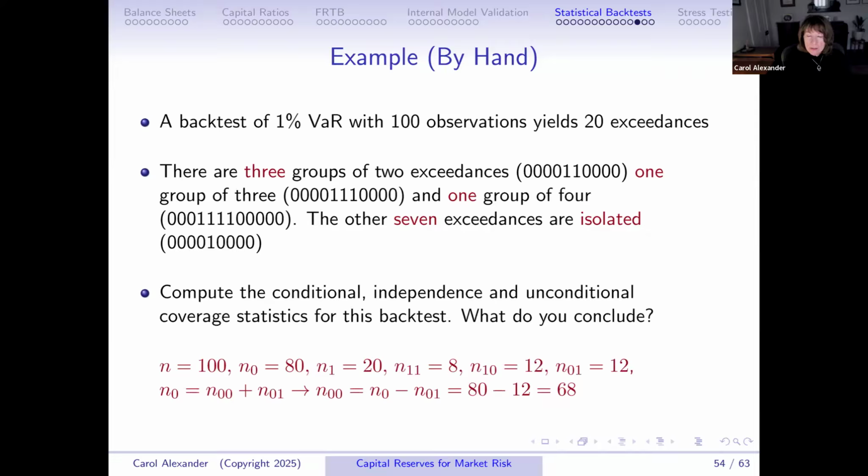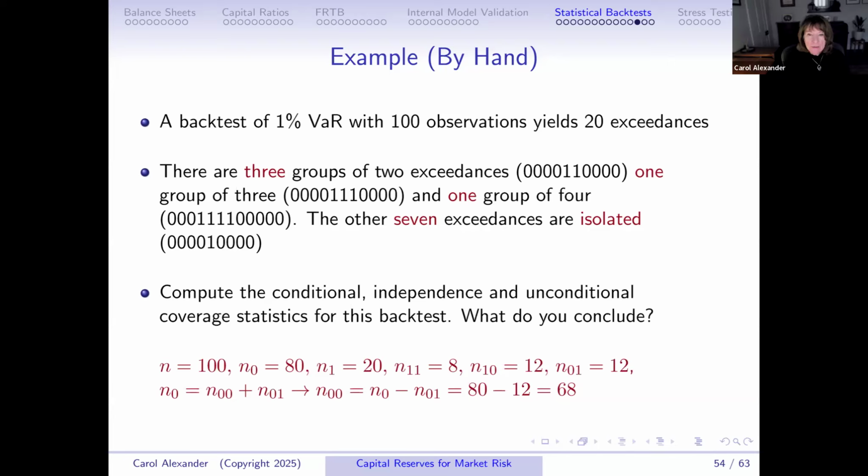There's one time that you get 1, 1, 1, only once that happens though. There's one group of 4, 1, 1, 1, 1. And the other 7 exceedances, because there are 20 in total, are isolated. You've just got a 1 surrounded by zeros.